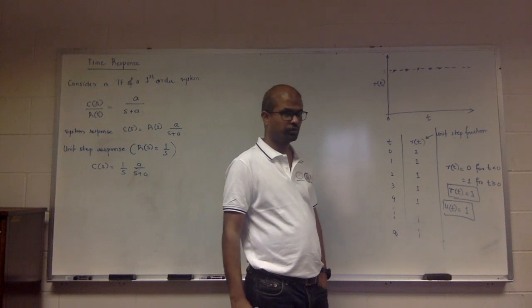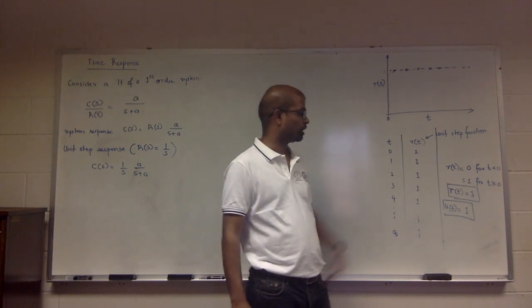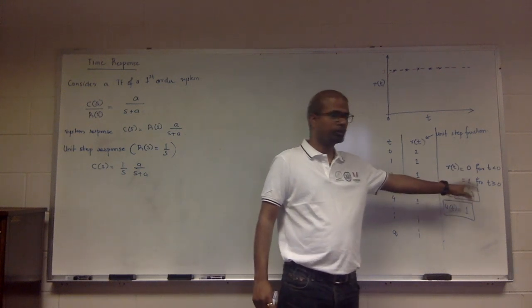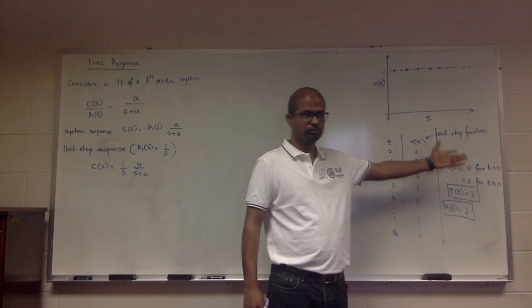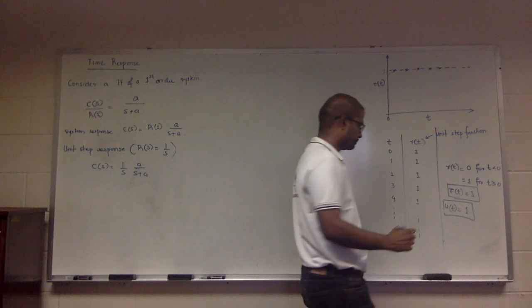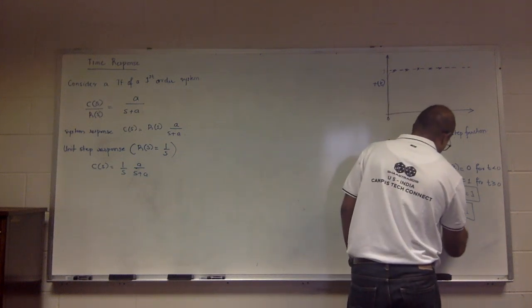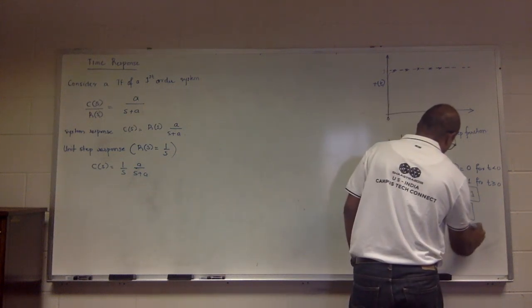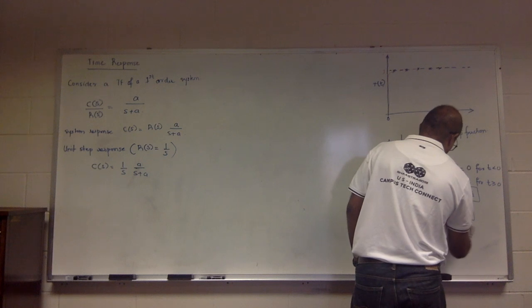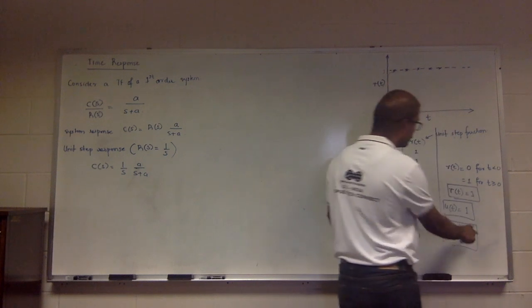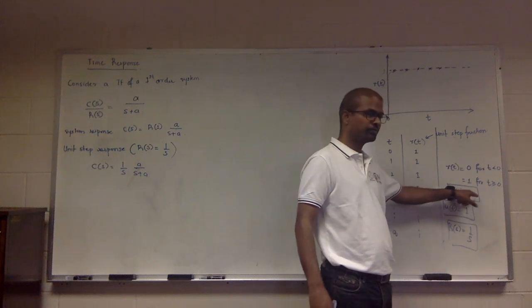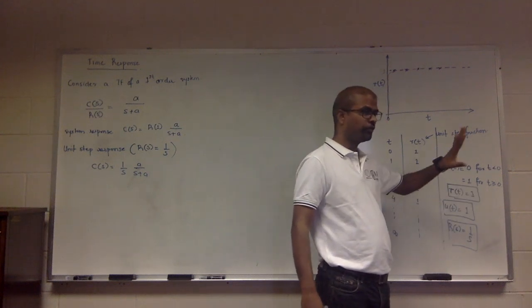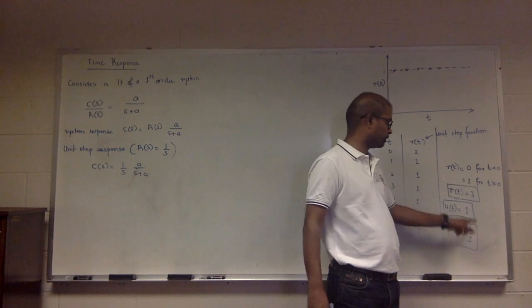Okay, u of t is 1, or R of t unit step function is 1, because we don't deal with negative time. So here, if you take the Laplace of 1, it is simply 1 over s. If it is 5 unit step function, this will be 5, and this will be 5 over s.